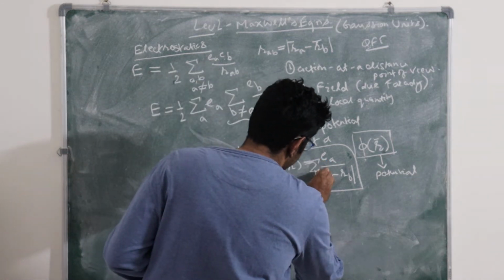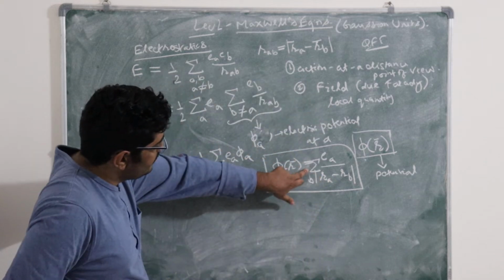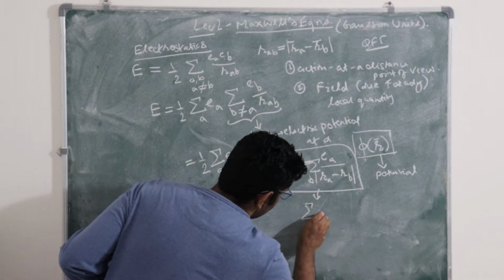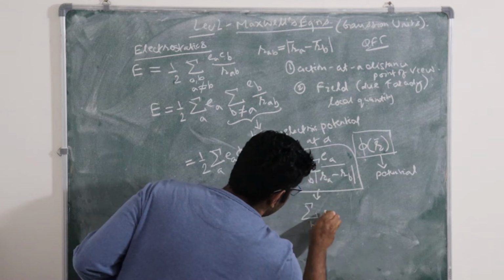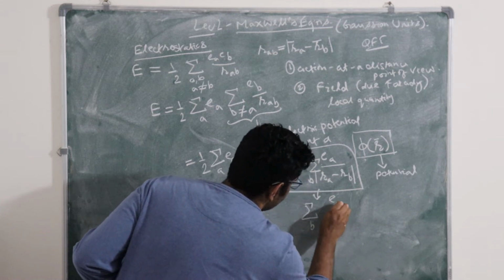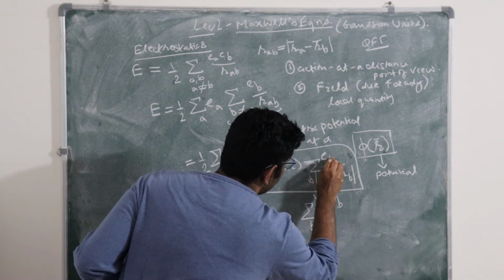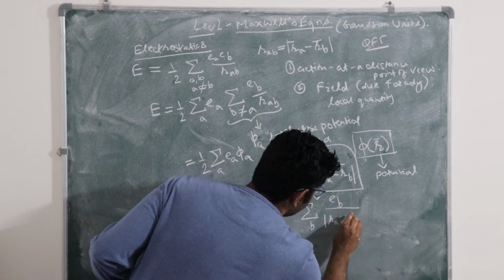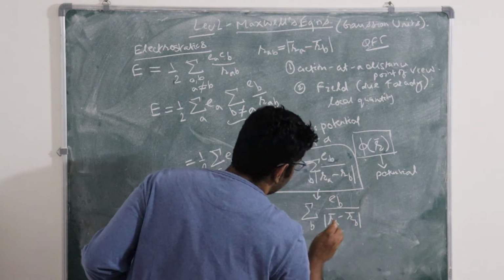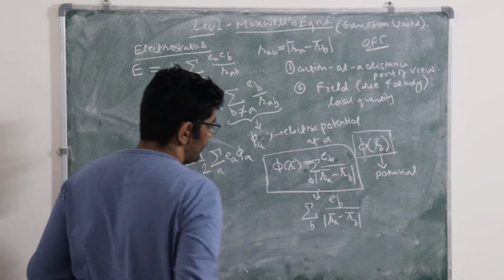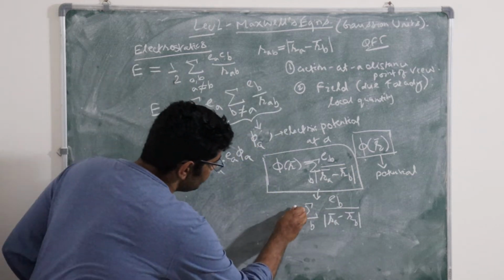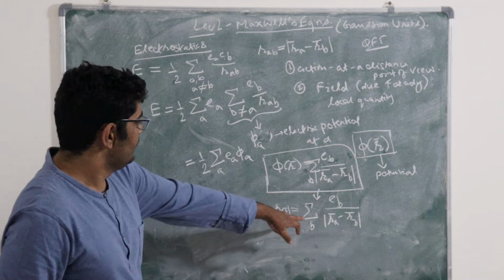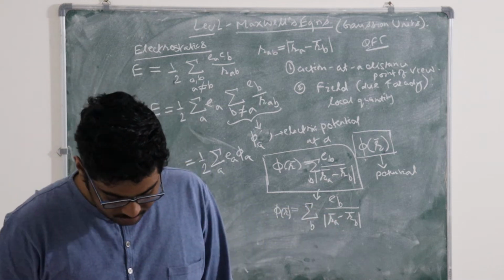You could have a bunch of charges, so you could put a summation over here: summation over B of e_B divided by |r minus r_B|. These are vectors. So this is basically the potential field that we are defining.